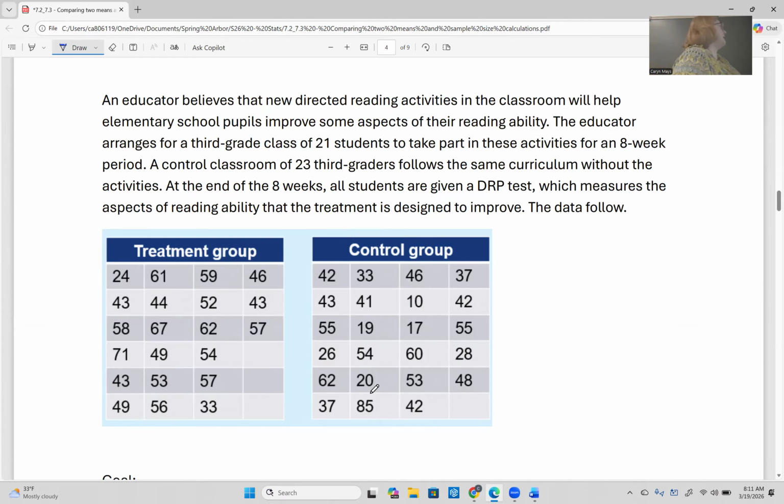We have a bunch of data here. The difference now with the bunch of data is we actually need to find the mean and standard deviation of both the treatment group and the control group.